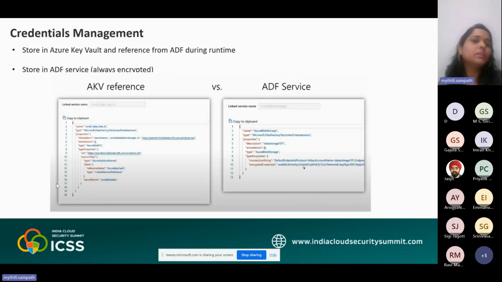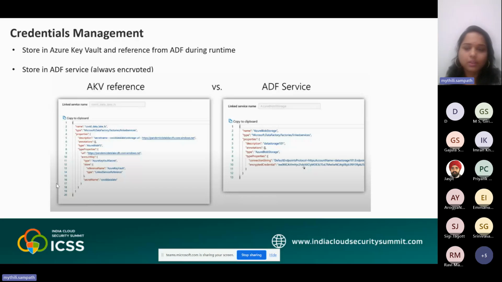And the third one, credential management. If you want to manage the credentials, right? The first thing, as we said initially, is that if the data source is a SQL database, it supports SQL authentication. That means try to store that key in the Azure Key Vault and reference it during ADF run time. But if it is stored in the ADF service, it is automatically encrypted.